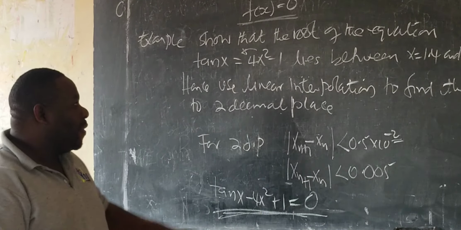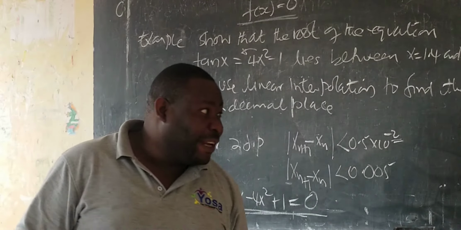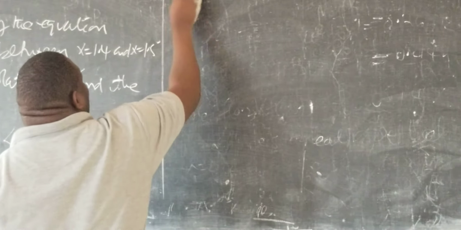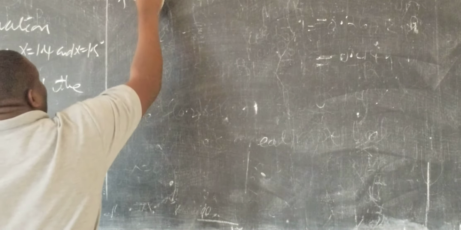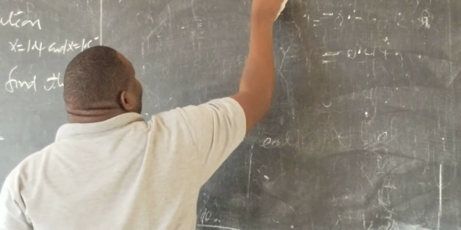First they want us to show that the root lies within that interval. We are going to use the change of sign method to confirm this. So we have f of x equals tan x minus 4x squared plus 1.